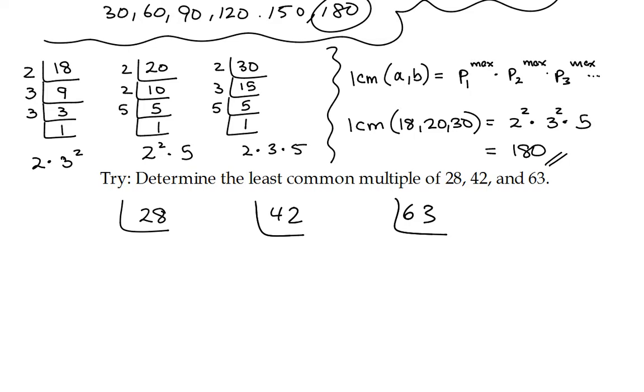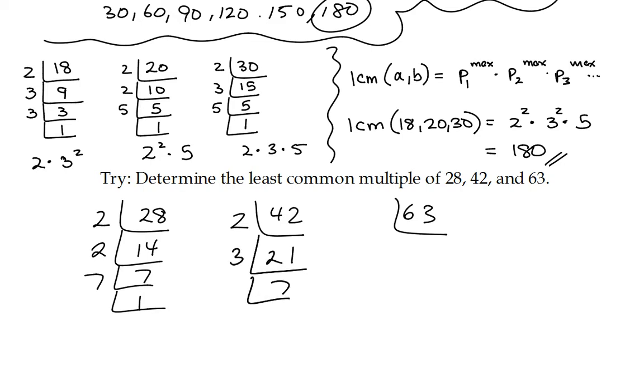Okay, let's rip through these quickly. How did 28 go? 2, 2, 7, lovely. 42, 21, and then 3, and then 7. 3 goes right to 21, and then 3 to 7, and then 7.